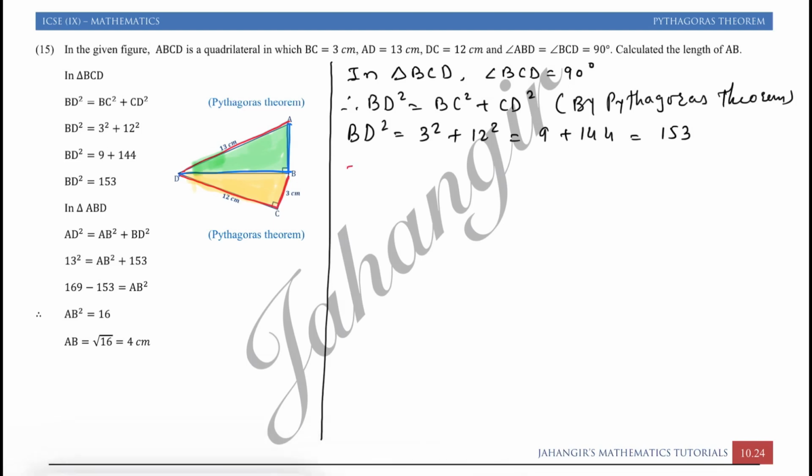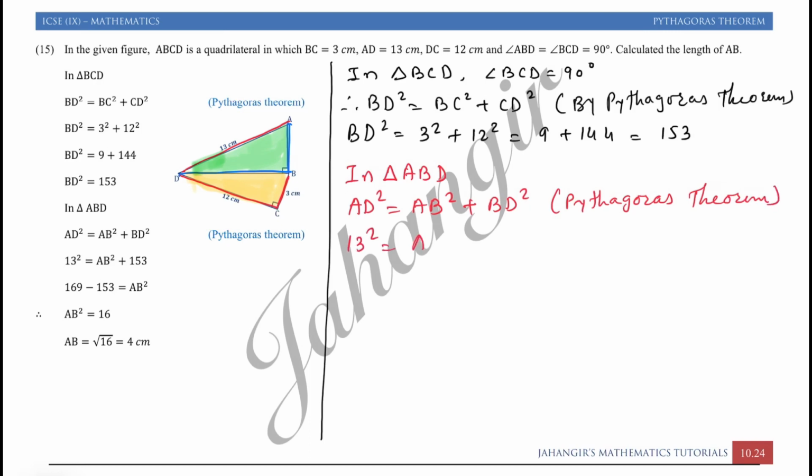Now I will take the green triangle, triangle ABD, in which the hypotenuse is AD. So I can write AD square is equal to AB square plus BD square. Again, the reason is mandatory to write: Pythagoras theorem. So AD is 13 square. We want AB, so we can write AB square and BD square.